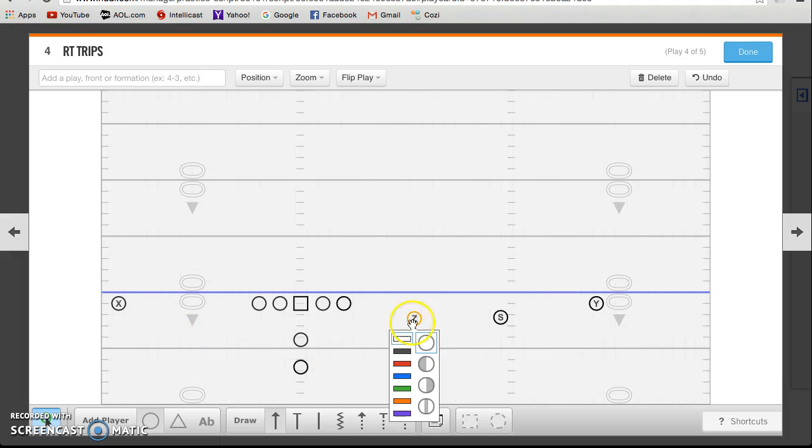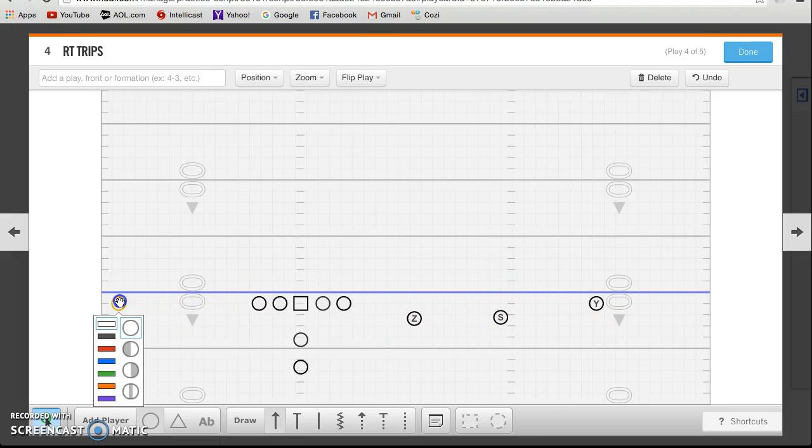And that's a nice spacing of the field to the wide side here. On the back side, your rule again basically is find that comfort zone halfway between the numbers and the sideline and set yourself up there so that you are wide enough to be able to maintain the integrity of the formation and the width here, but also you have enough space on the sideline, whereas if you were to run a go or some other type of outside route, you would be able to have enough space on the sideline without running out of bounds.